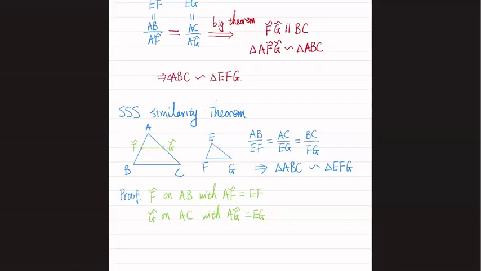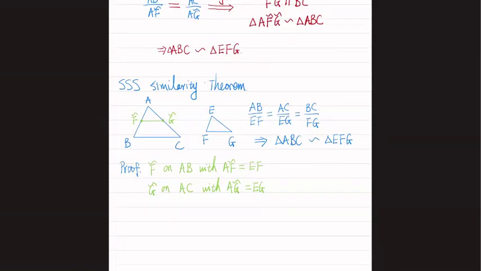So we cannot conclude that they are congruent yet. We will use an extra condition over there. Okay. So the two ratios are the same. We will apply the big theorem.